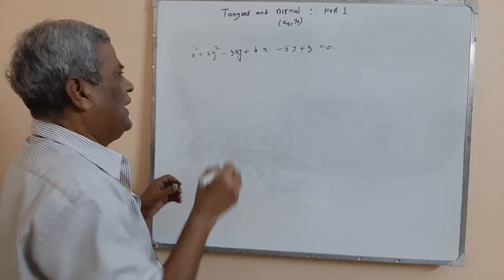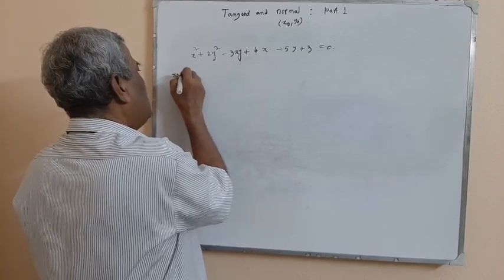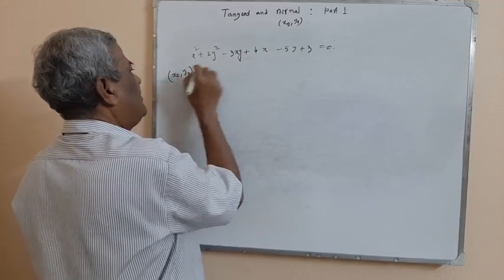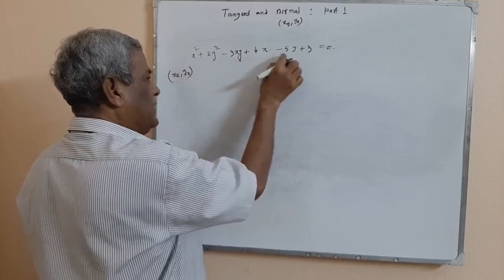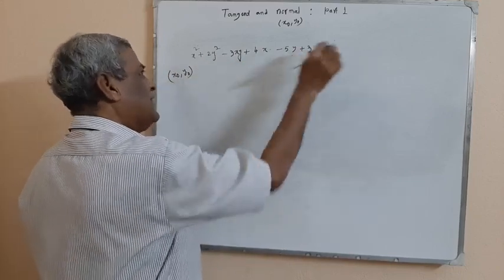And suppose x0, y0 is a point on it. x0, y0 is a point on it, and it must satisfy that.